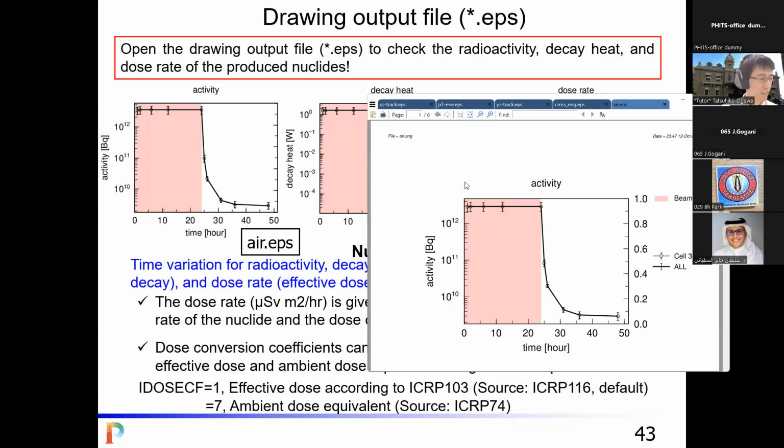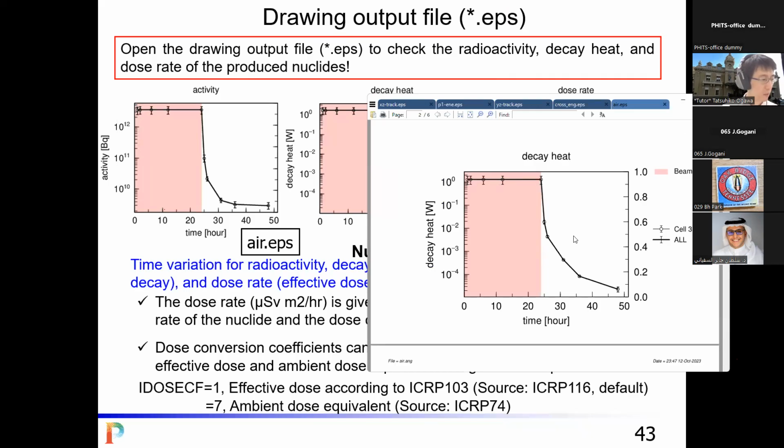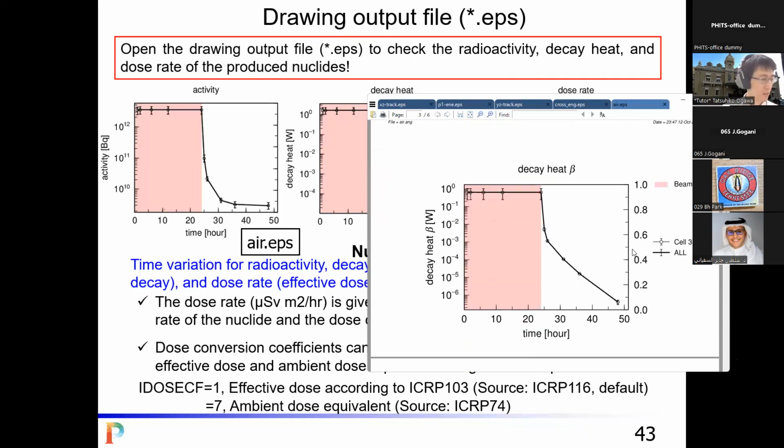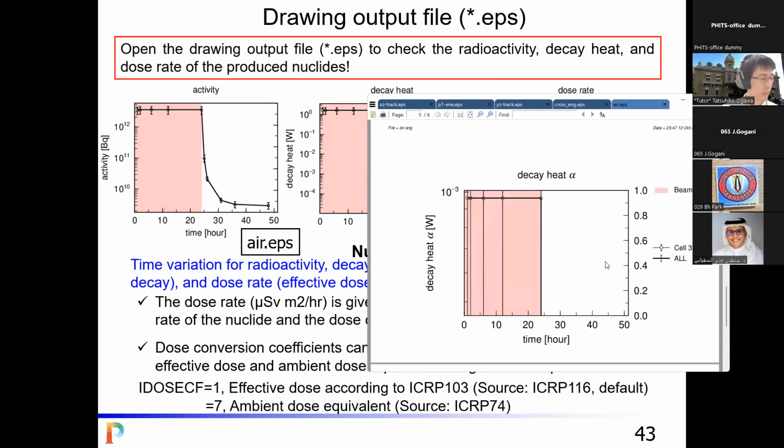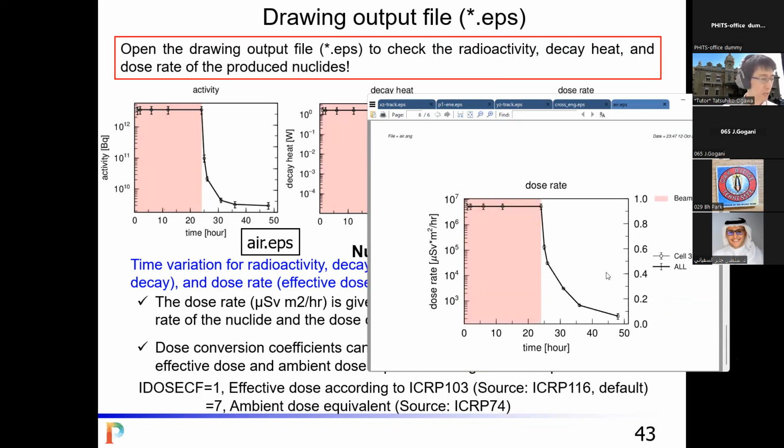For example, activity is more or less constant, rate is constant during a beam operation period, and it soon decays in the cooling period. Decay heat by beta, gamma, and alpha. And we can get the dose rate time evolution in this way.